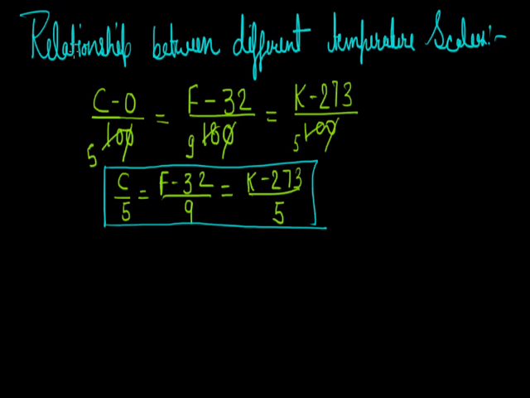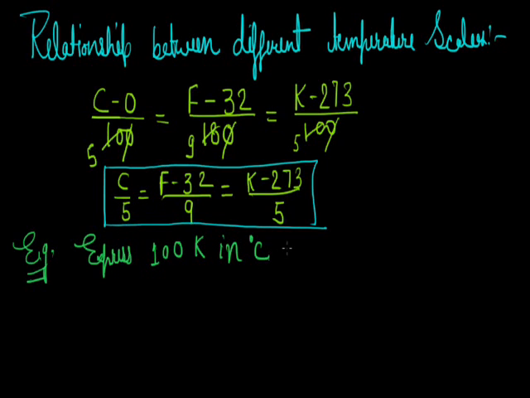For example, suppose we want to express 100 Kelvin in degree centigrade. So we can use the two terms of this equation, C by 5 and K minus 273 by 5, where the 5s cancel out.